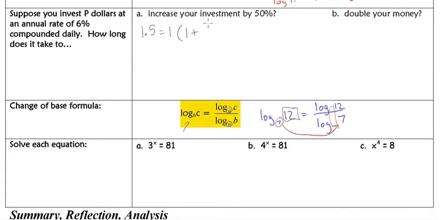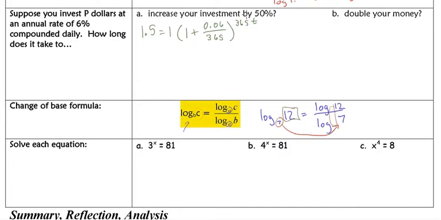So 1 plus our 0.06 divided by the period, and the compounding period is compounded daily, so divided by 365. Now that to the 365th power, just for the compounding period, and that times t, for figuring out how many years it will take to do this.